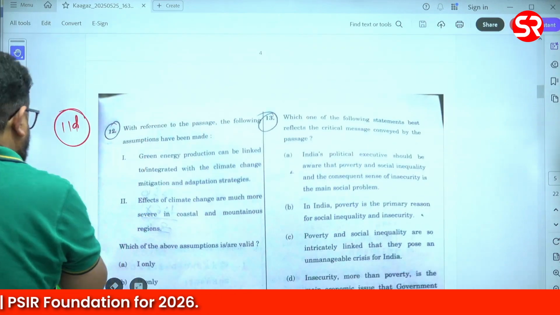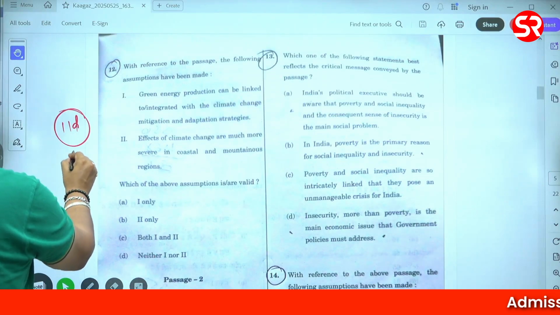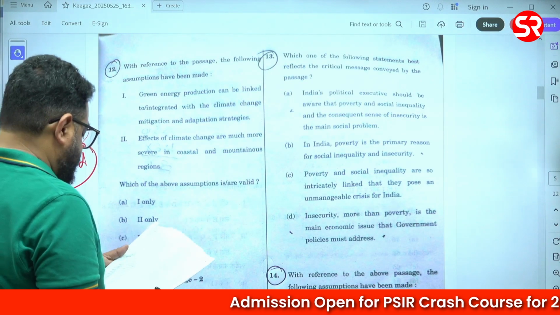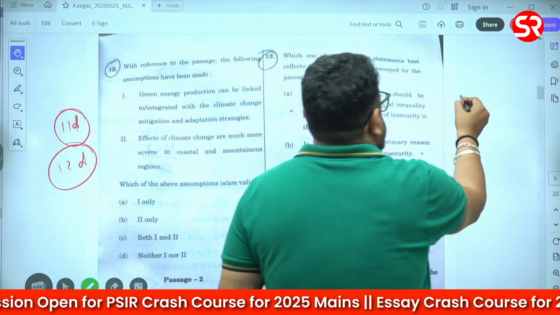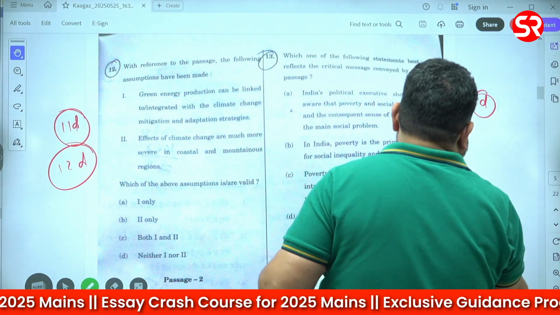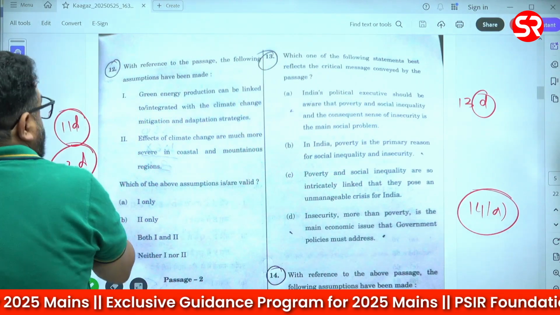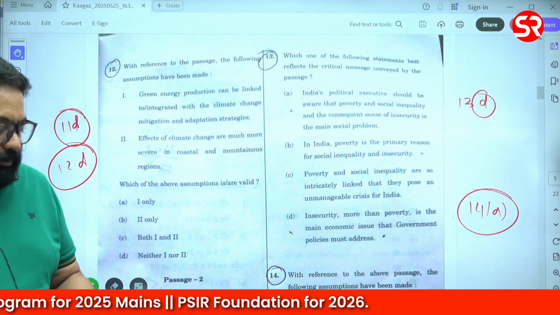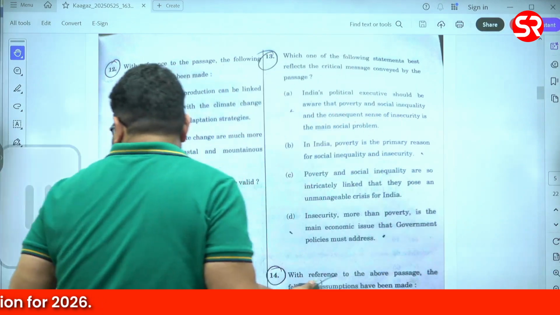And 12th. 12th is D. 13th is D. And 14th is A. These are 4 answers. 12th is D, 11th is D, 13th and 14th is A, so that you get clear answers for your marks.